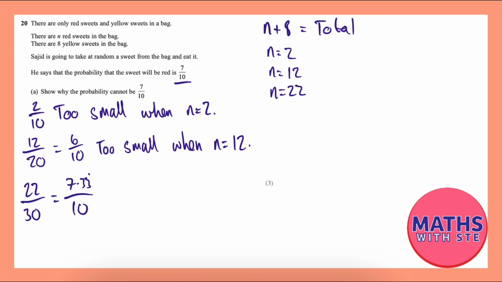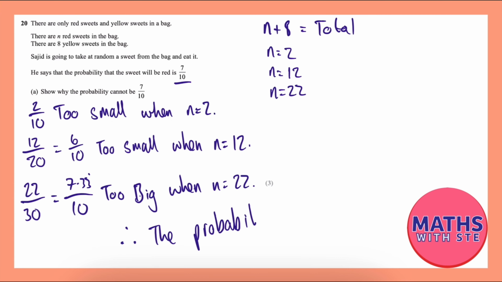Now, that's too big when n equals 22. We can stop there because if we did 32, 42, they're all going to be too big, aren't they? It's because it's getting bigger each time. So therefore, the probability cannot be 7 over 10.